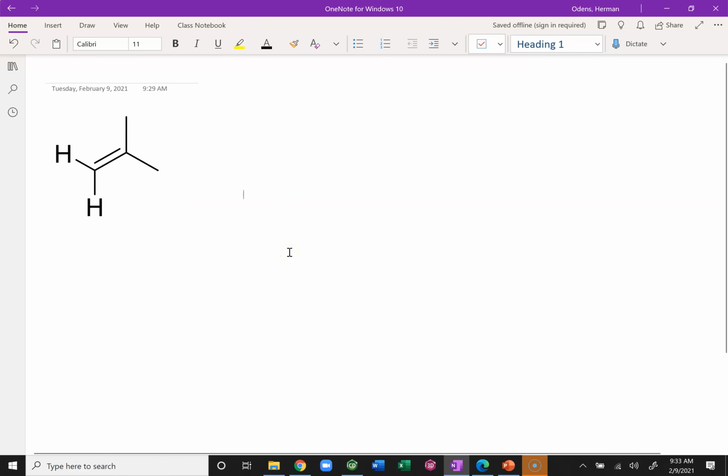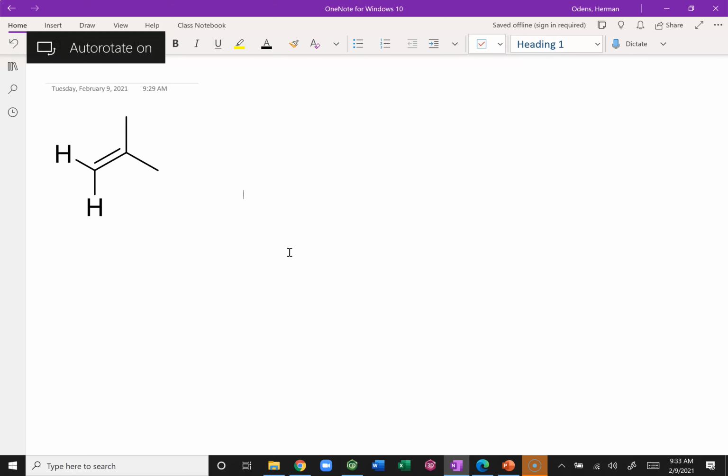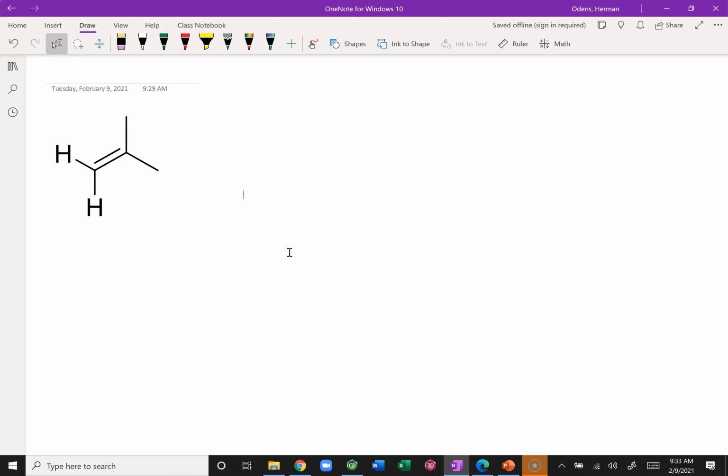Some of you I taught this yesterday, but the majority of you haven't seen this. So let's say I have this problem. This is the simplest type of double bond problem that you will see, and this is exactly what you have in your unknown packet.